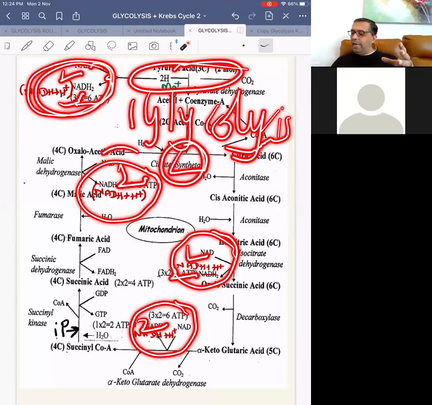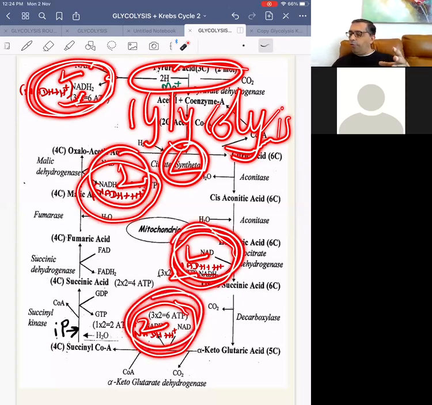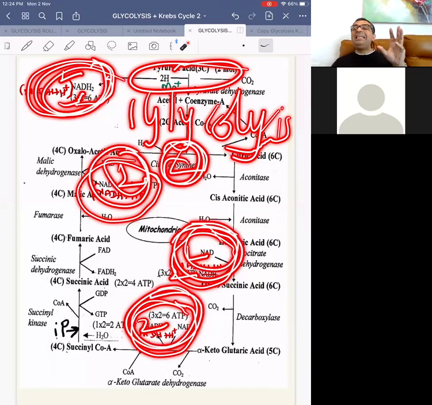Krebs cycle 2 plus 2 plus 2. So a total of 2 plus 2 plus 2 plus 2 plus 2, a total of 10 NADH plus H plus.